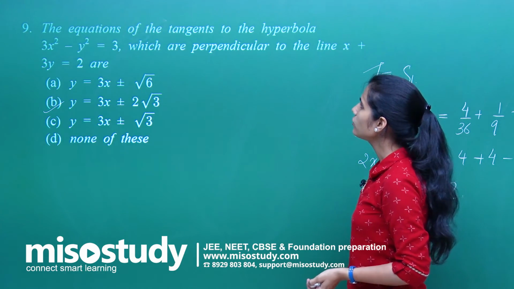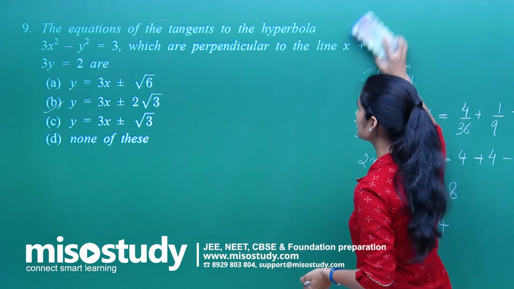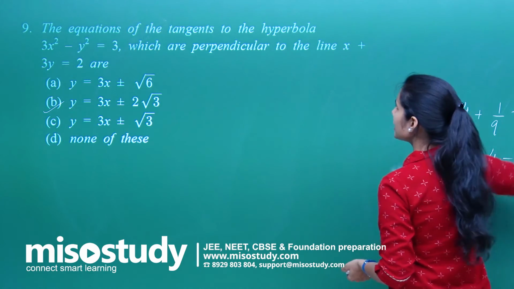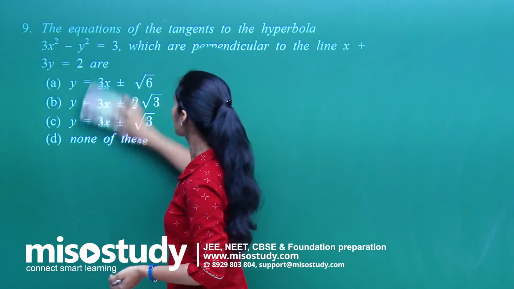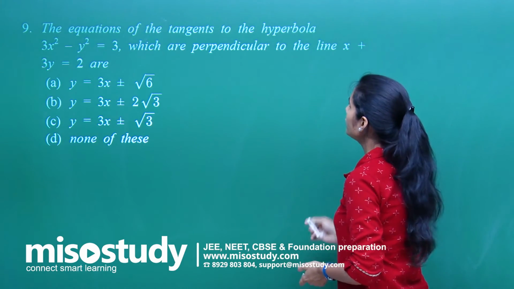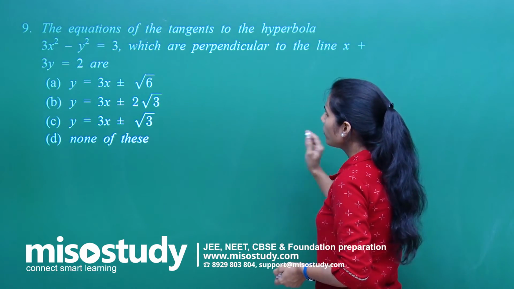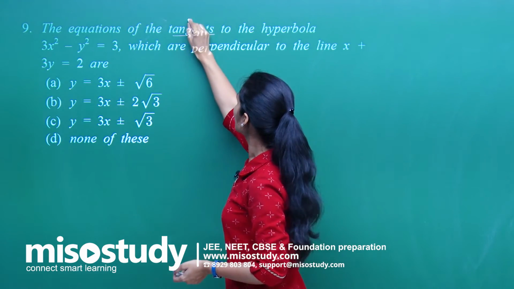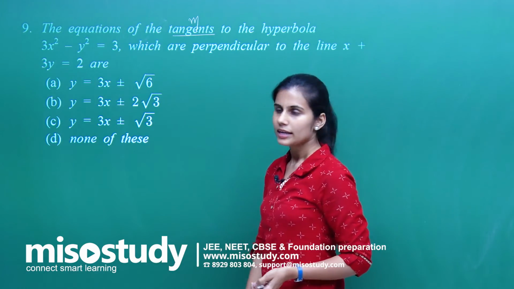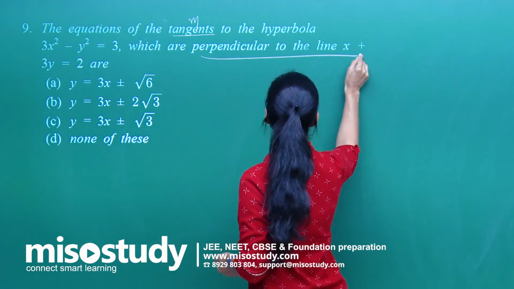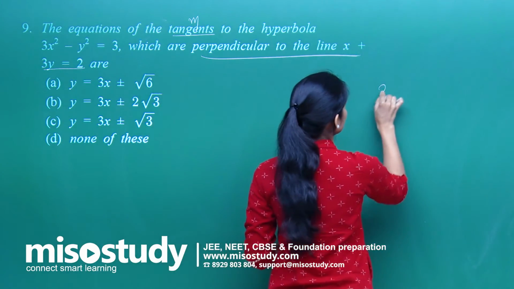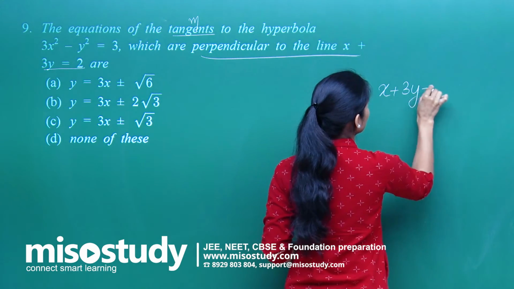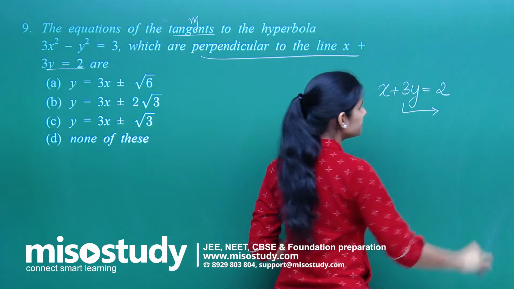Next question: the equation of the tangents to the hyperbola which are perpendicular to this line. Let's try to understand this. Suppose the tangent has slope m. Now this tangent is perpendicular to the line x plus 3y equals 2. What is the slope of this line?